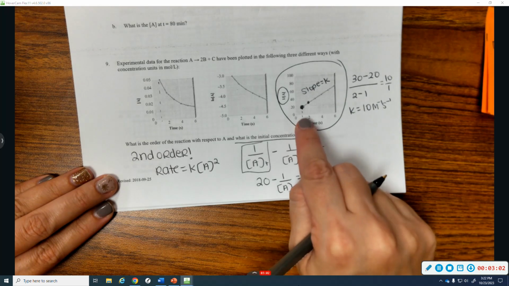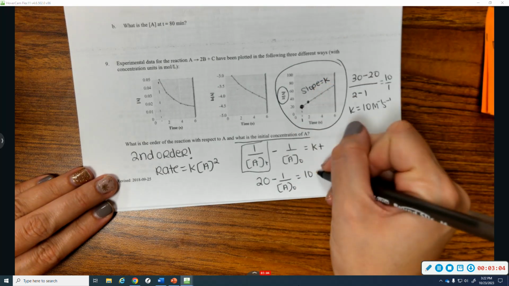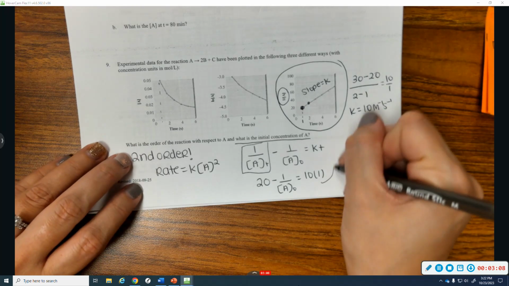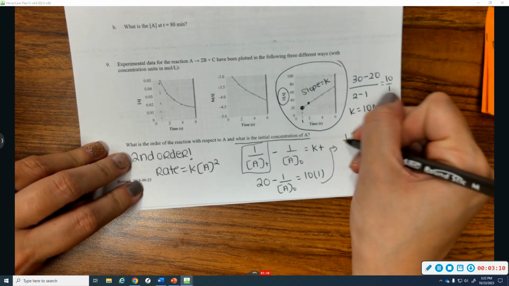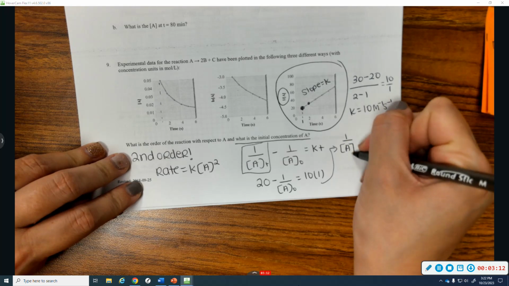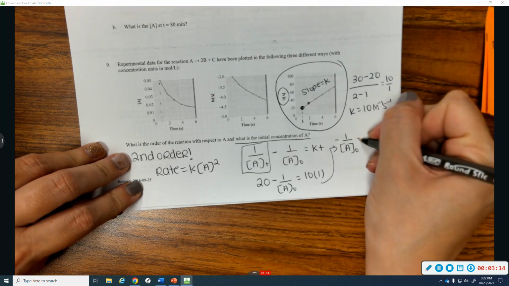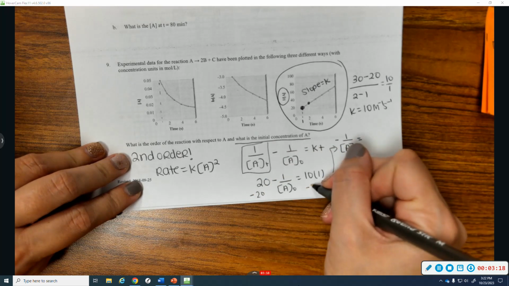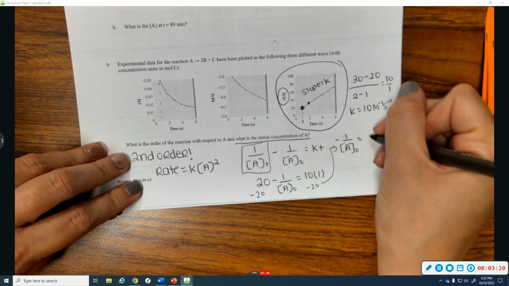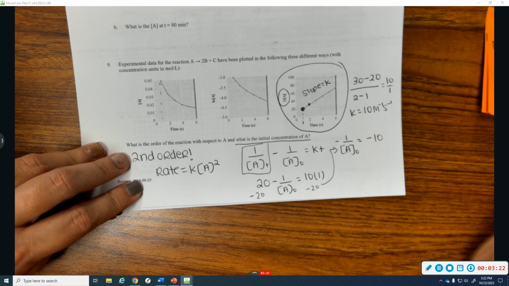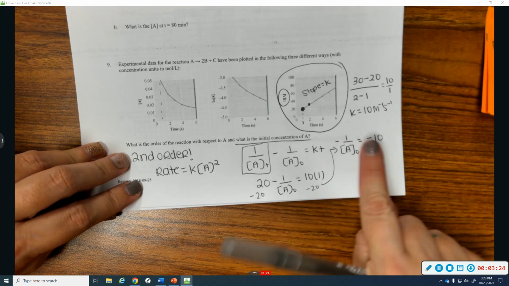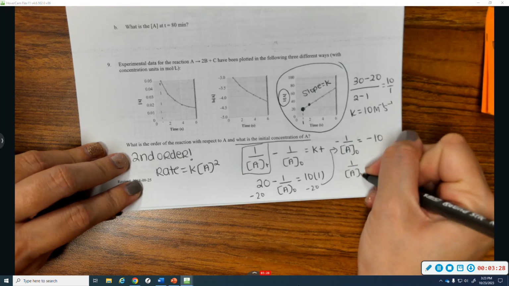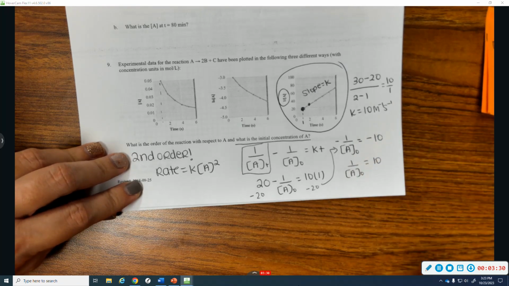and what's the time right there? The time is 1, so times 1. Now I'm going to finish that right here: negative 1 over [A]0 equals 10 minus 20. I would subtract 20 from both sides. 10 minus 20 equals -10. A negative on the left, a negative on the right. They cancel out. 1 over [A]0 equals 10.